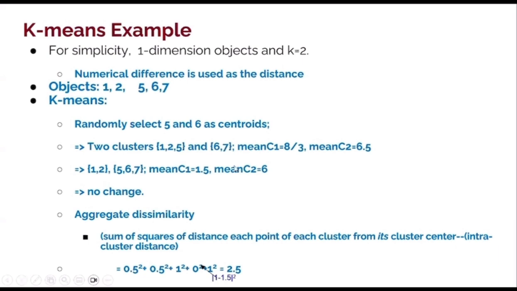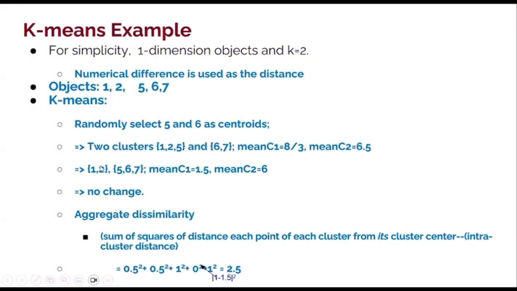Then here, the numbers close to 6.5 are still 5, 6, and 7. You can see that the movement from here to here doesn't really change anything. So we have 1, 2, 5, 6, 7.